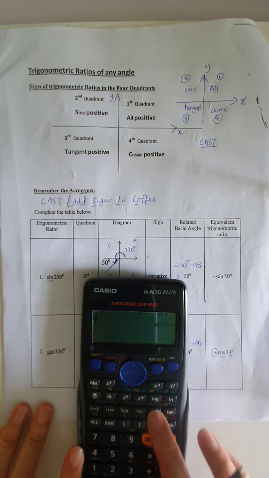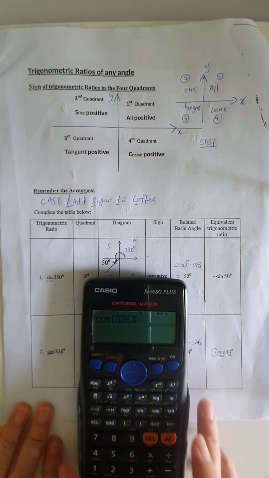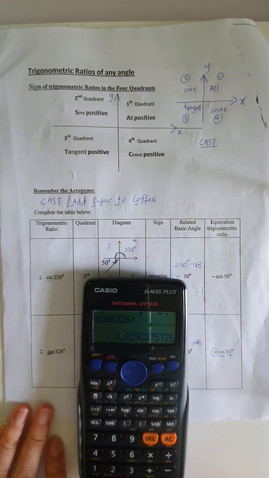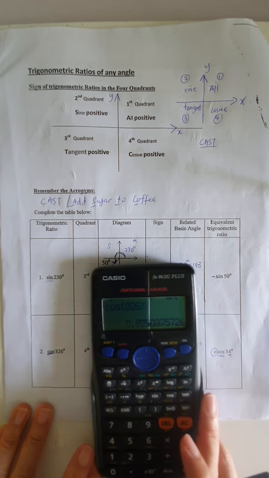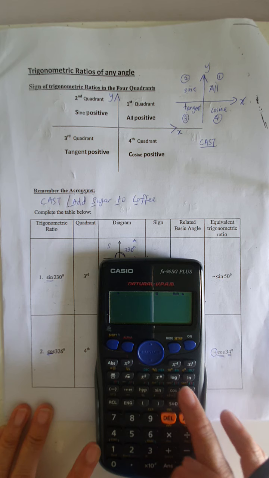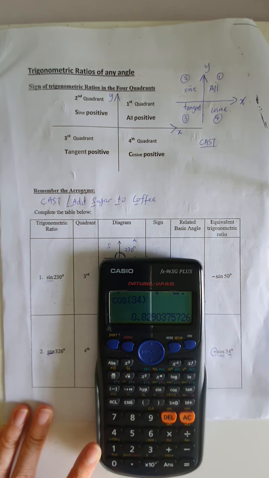Again, you can use the calculator to check. If you want to convince yourself, cosine 326, you actually have 0.829. Now we try cosine 34. It gives you the same answer, 0.829.